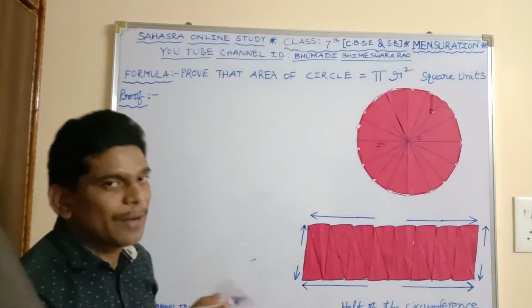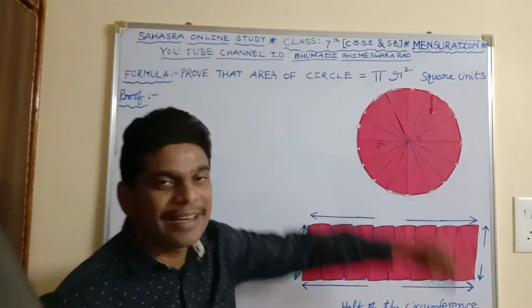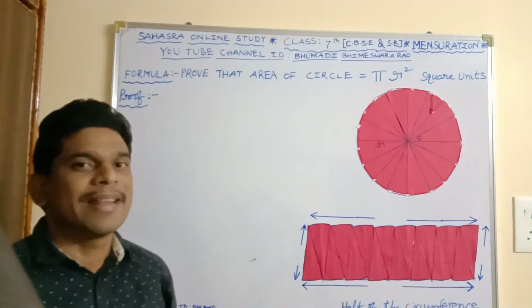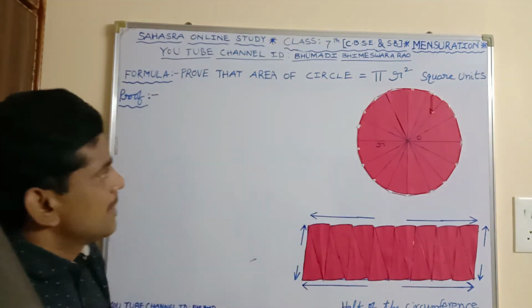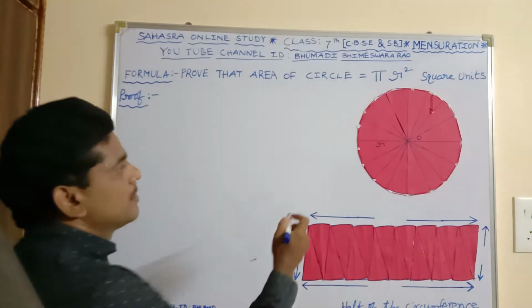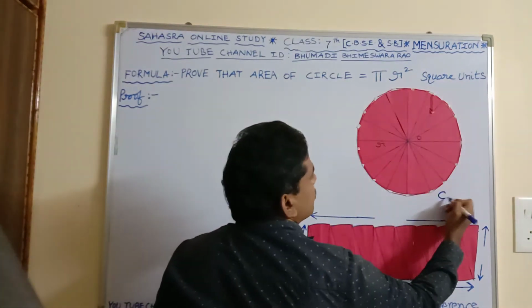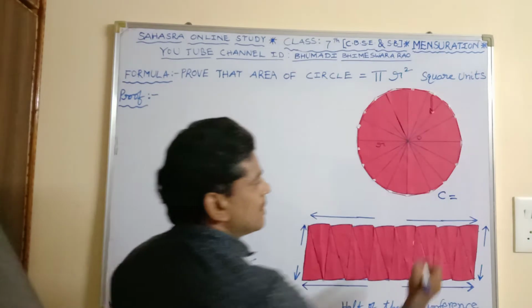Today we are proving that the area of the circle equals pi r square units. Circumference: what is the formula for circumference?